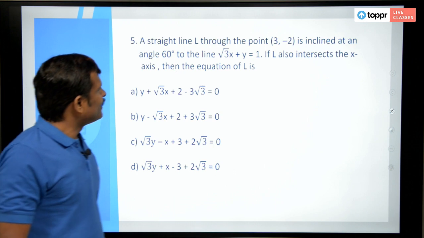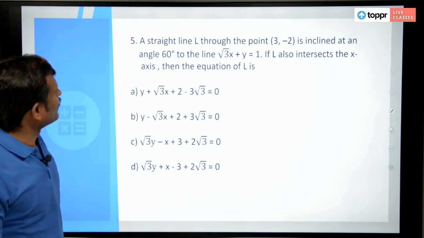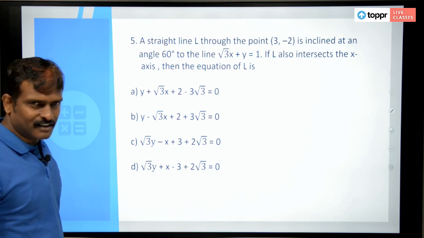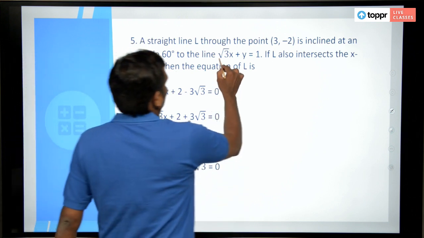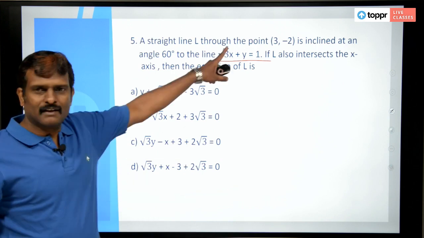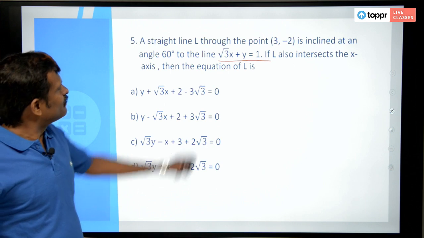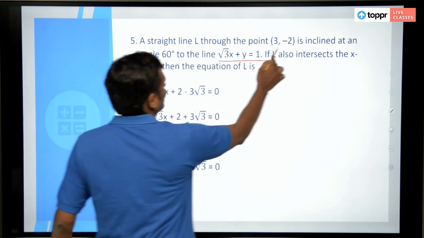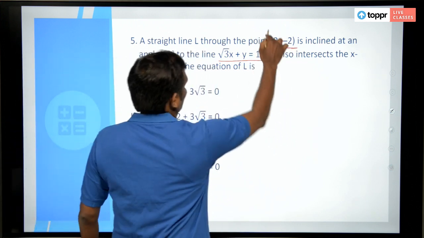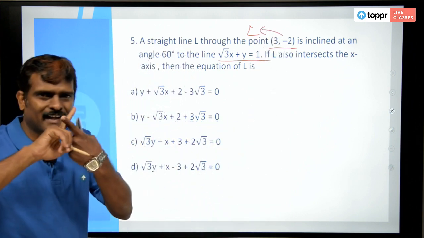A straight line L through the point 3 comma minus 2 is inclined at an angle 60 degrees to this line. So, this is one line and there is one more line L passing through this point, and these two are inclined at 60.